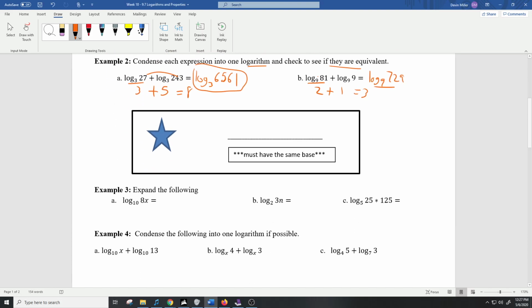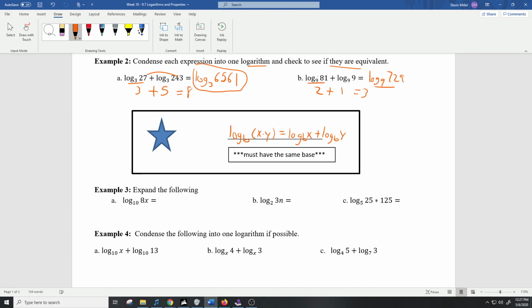So this is our first property. It says, as long as they have the same base, which we'll include here, log base b, so we use b as our base, of anything that's being multiplied together, you are allowed to separate them into two different logarithms, log base b of x plus log base b of y.